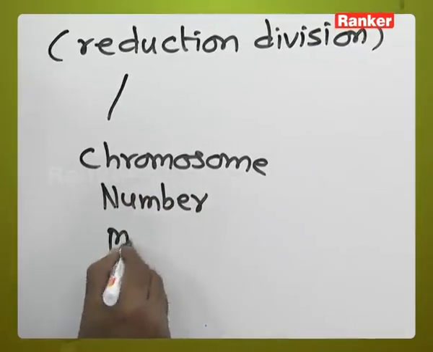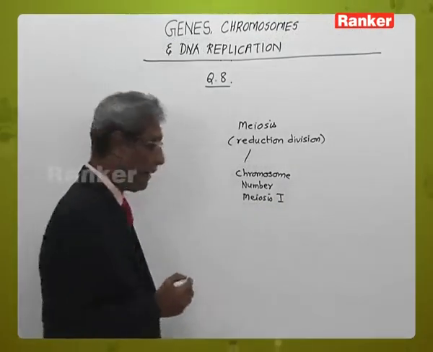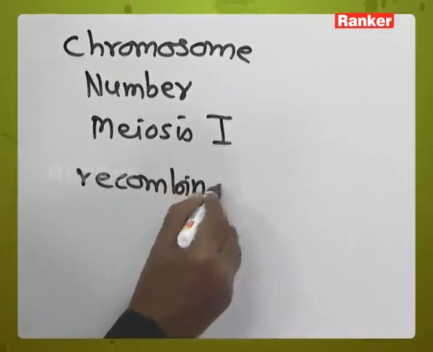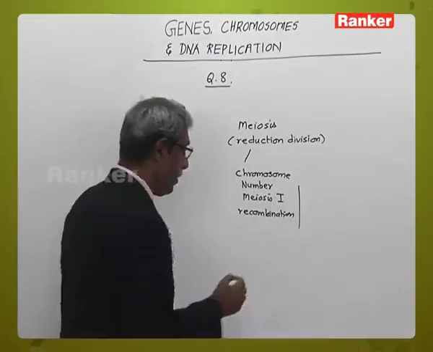So, meiosis 1 deals with reduction and recombination, where there is genetic exchange of the material, and it is immediately followed by meiosis 2.